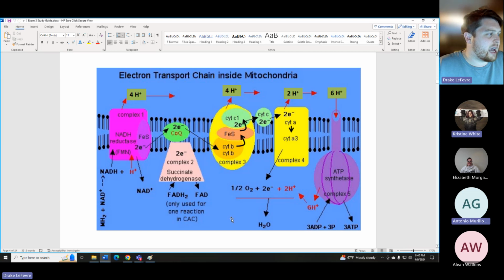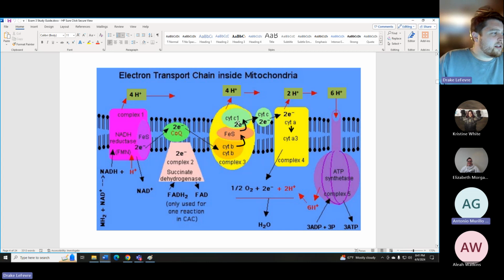And that also brings hydrogens from the matrix to where? The intermembranous space, across the inner membrane. Good.